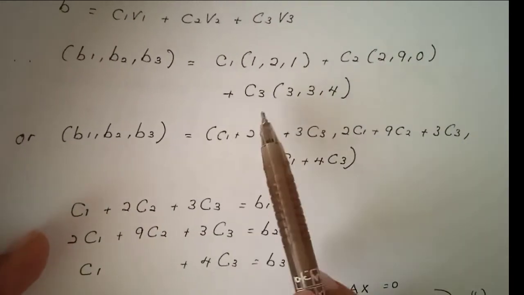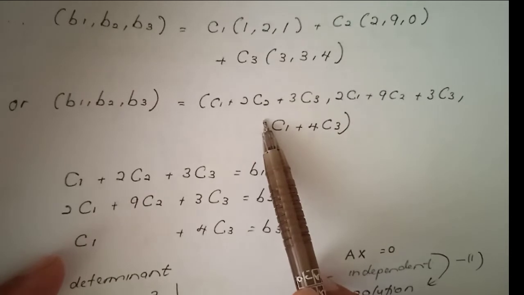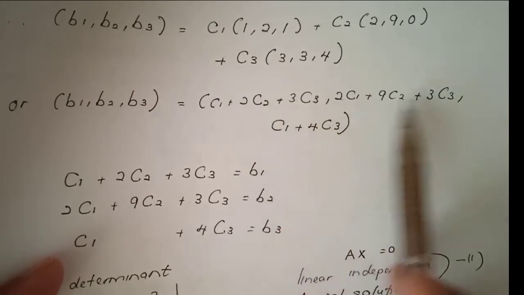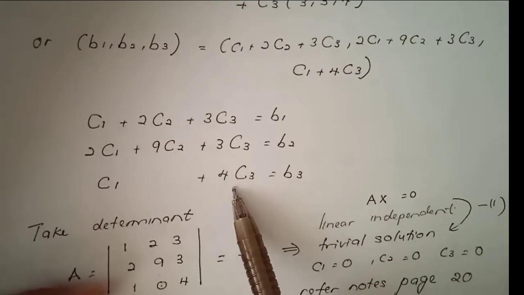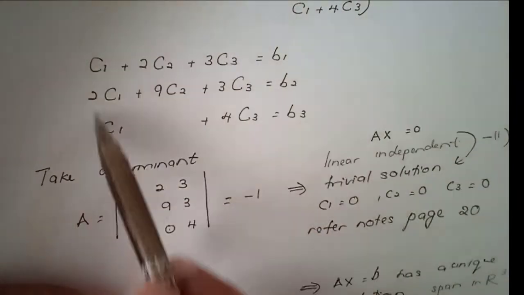Now we have this equation of the linear combination, and we put it in system of linear equations form and then take the determinant of this.